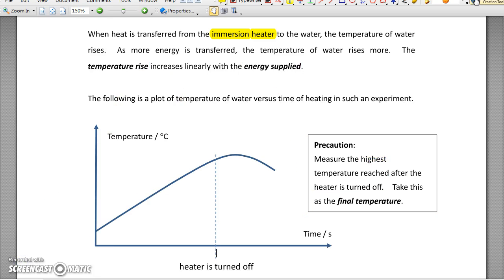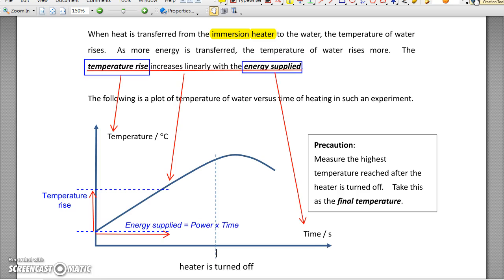And one very important thing when you are using an immersion heater. When an immersion heater is heating some water, for example, we can find that the temperature increases linearly with the energy supplied. As we heat, the temperature increases linearly along a straight line.